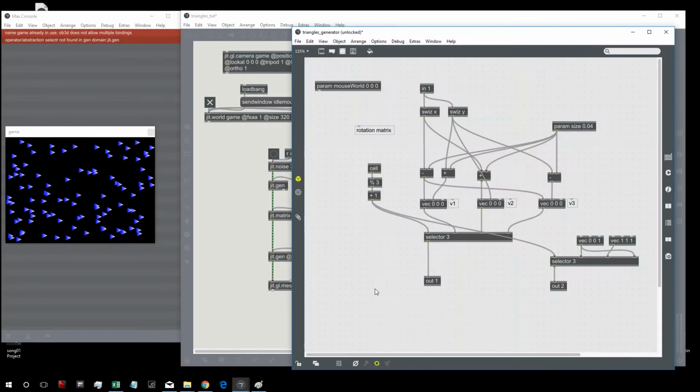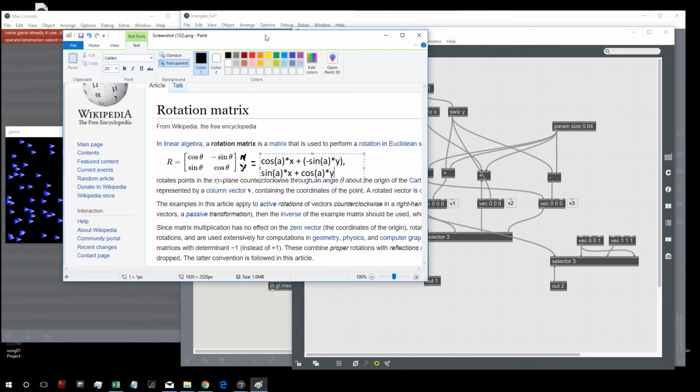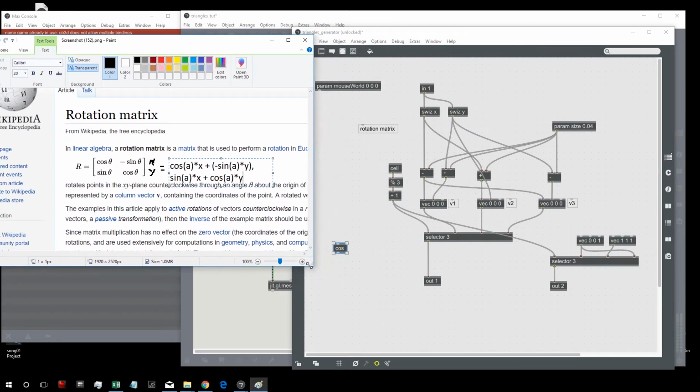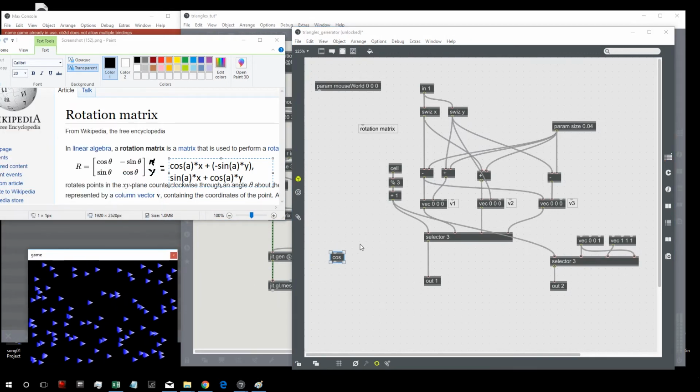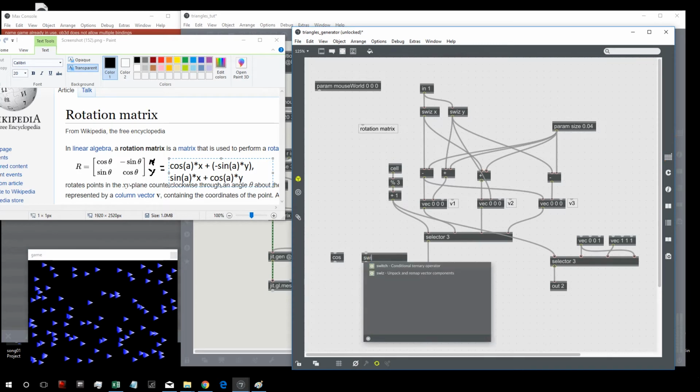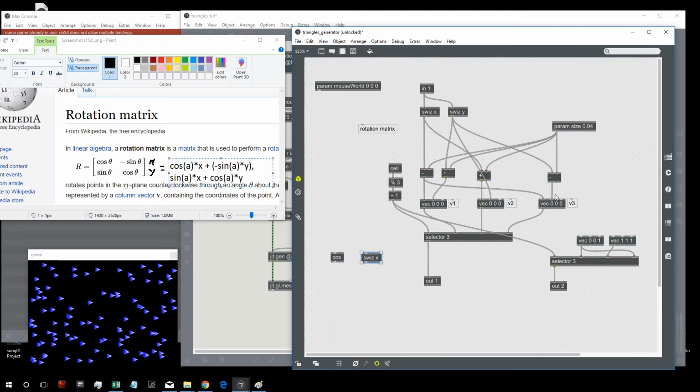So let's create this matrix-vector multiplication. Since we don't have matrices in Gen, we can just explicitly write these multiplications. Let's do something like this. We will need to multiply the cosine of our rotation angle by x.